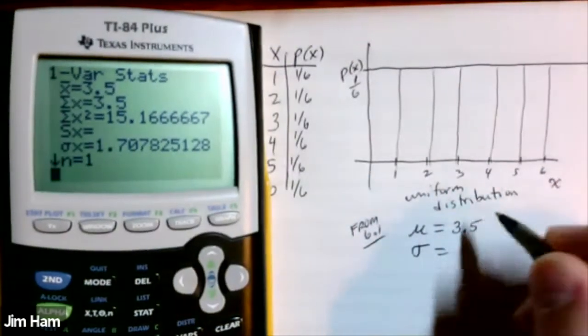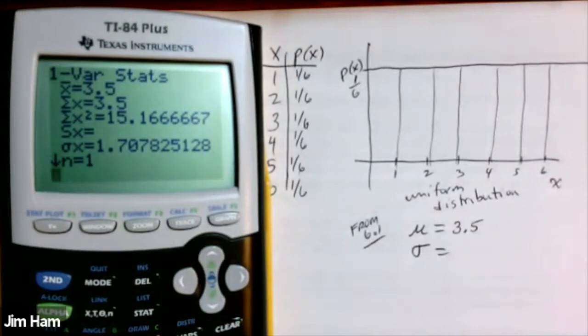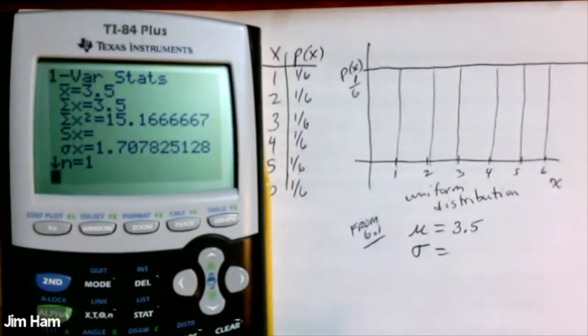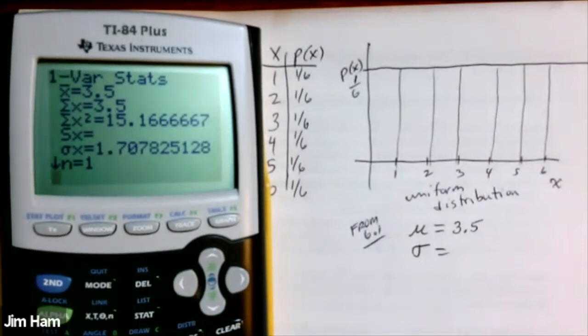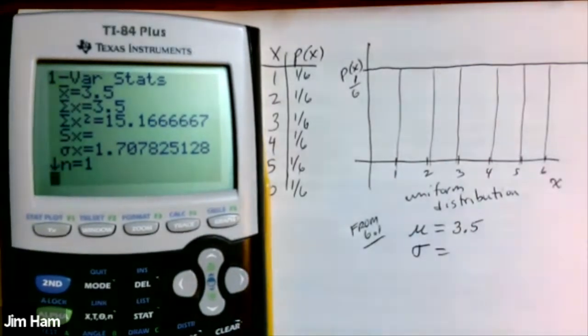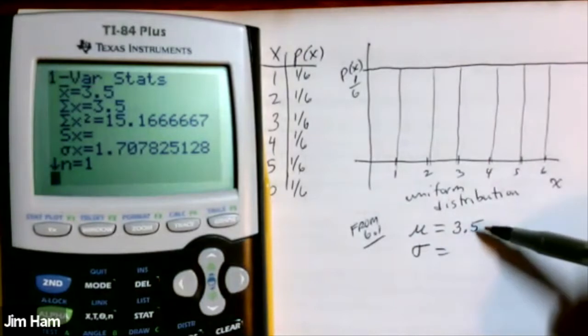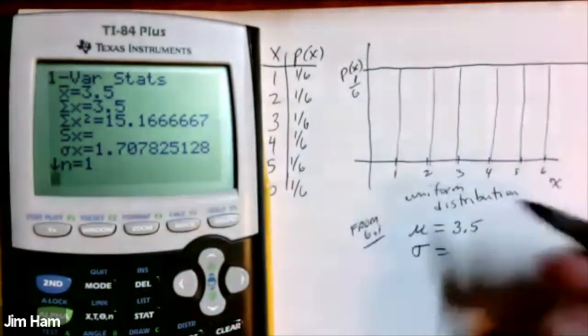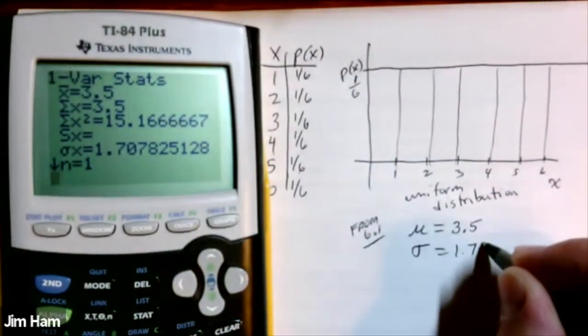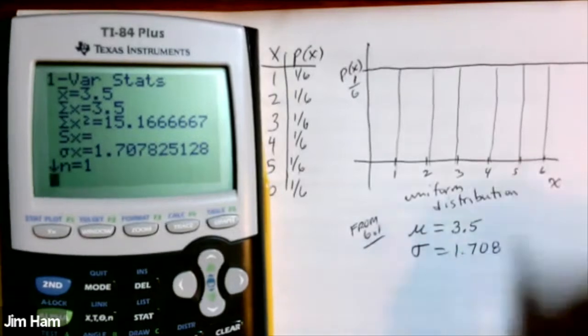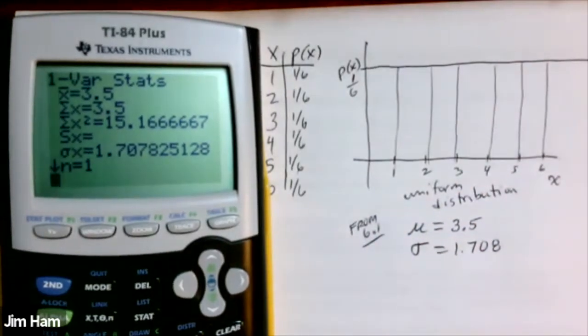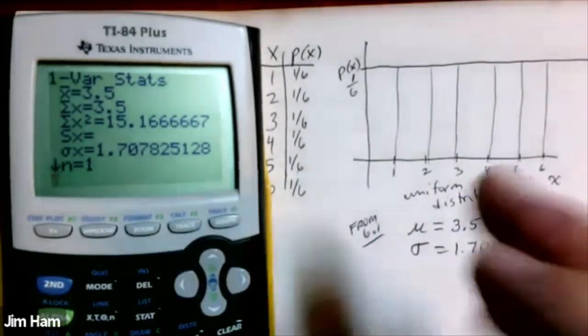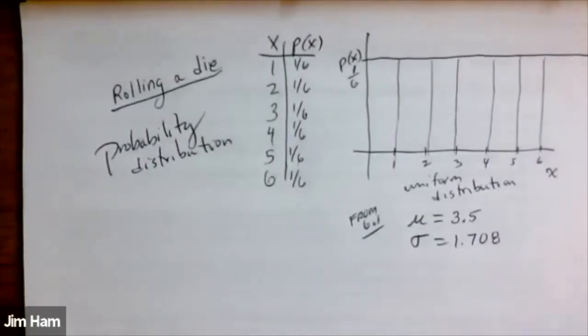What this means is that if you rolled this die billions and billions of times and recorded all of the outcomes, you'd get about the same number of 1s, 2s, 3s, 4s, 5s, and 6s. And if you averaged all those numbers, you'd get 3.5. The standard deviation is 1.708, something like that. So here's one distribution that we worked with.